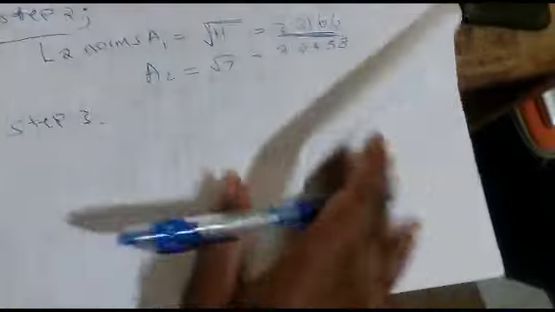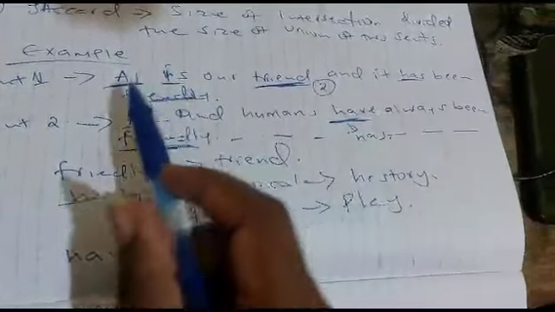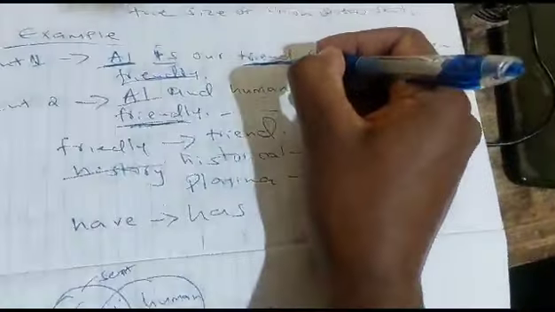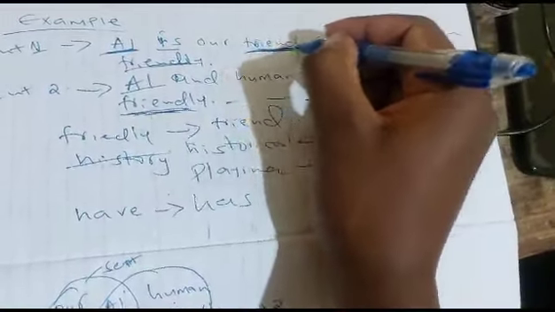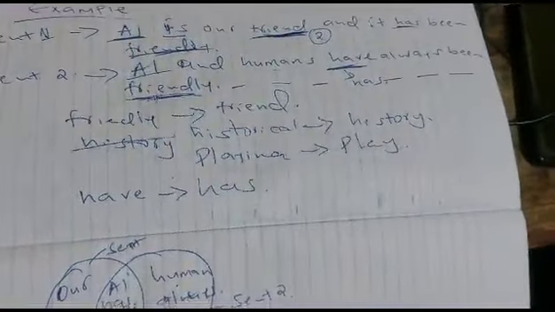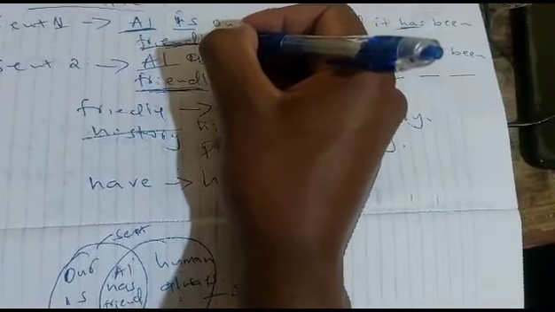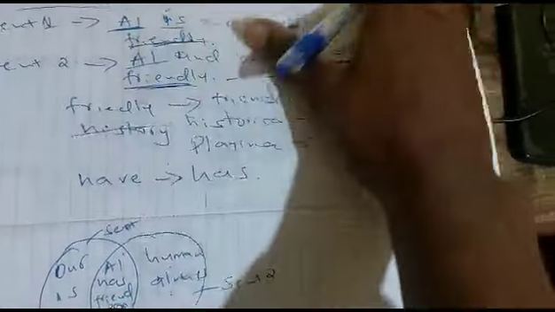Like for example, our sentence was AI is our friend and it has been friendly. You see, the word friend has been repeated twice. It is here and also it is here. Remember that this friendly will be lemmatized to friend.